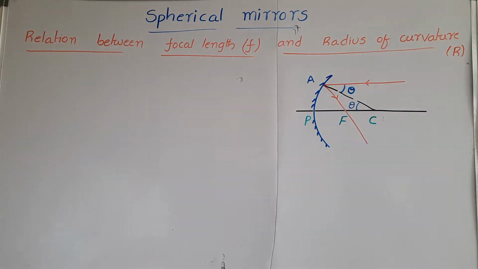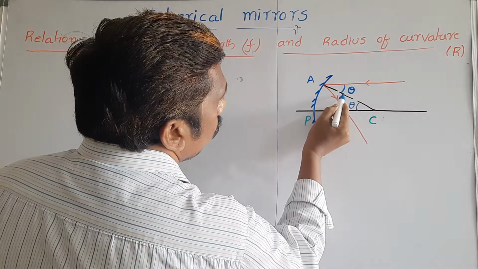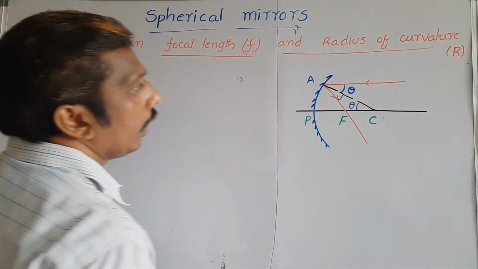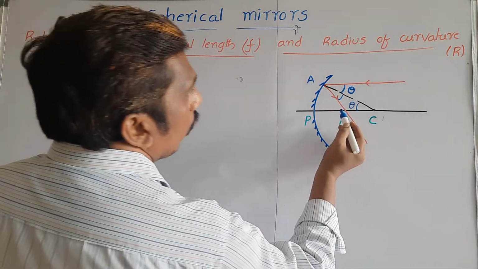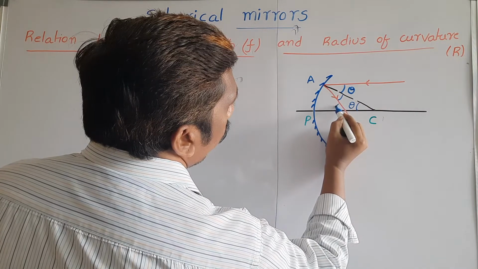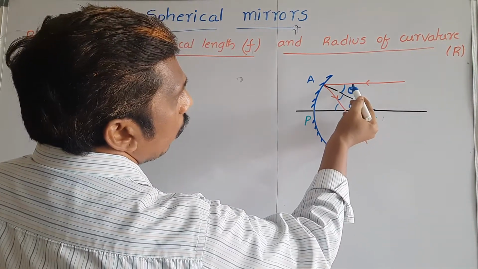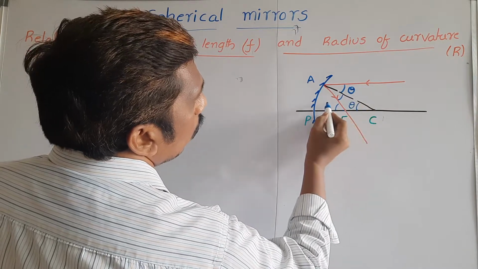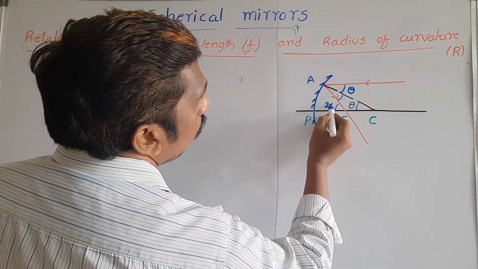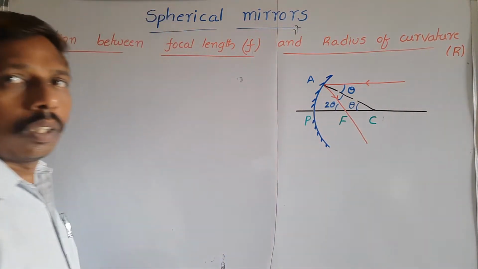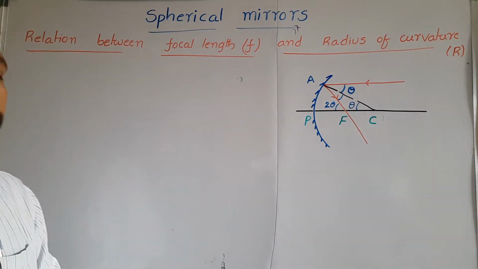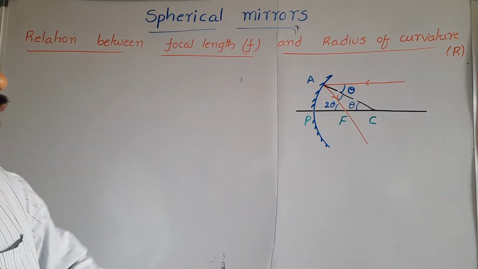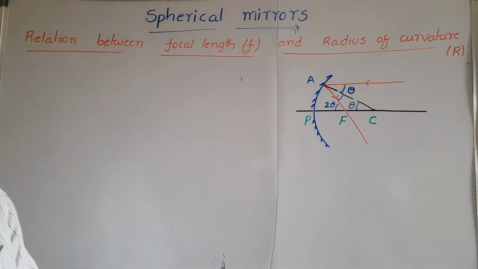With whatever angle the light ray is incident, with the same angle it will reflect, so this angle is also equal to theta. If you observe the angle between these two rays, it is 2 theta, which is the angle between the reflected ray and the principal axis.